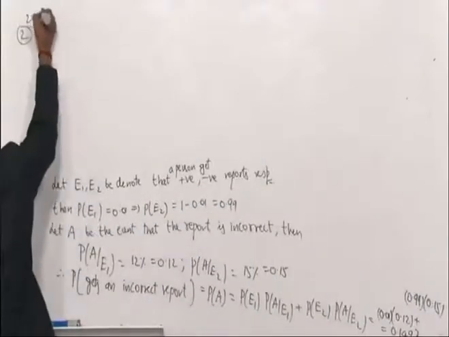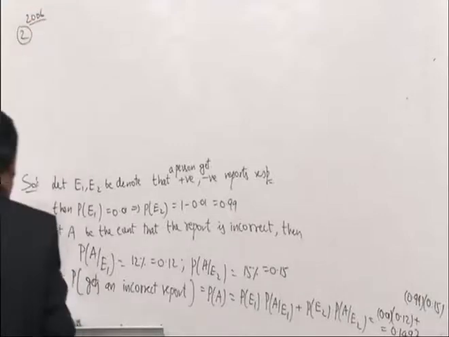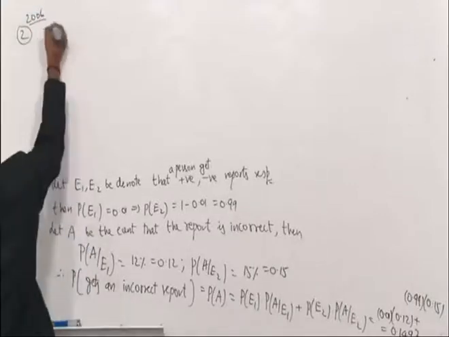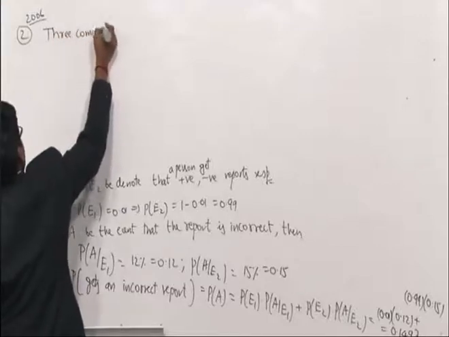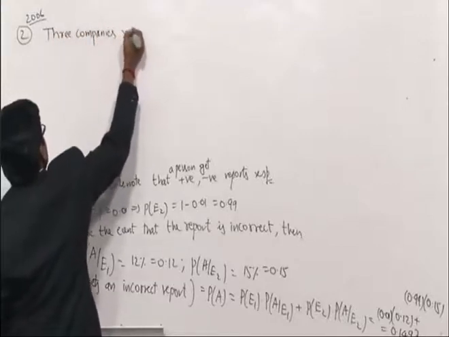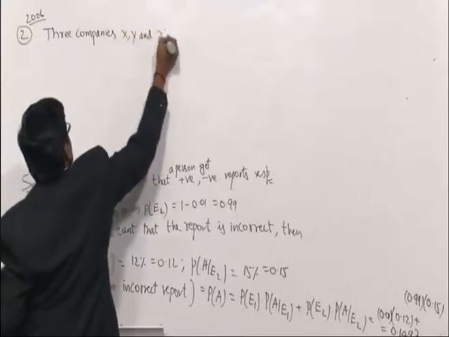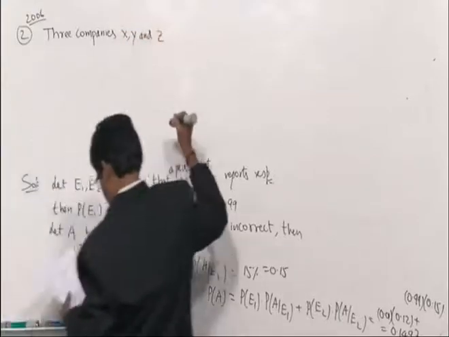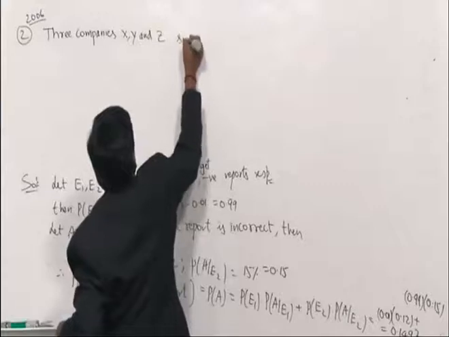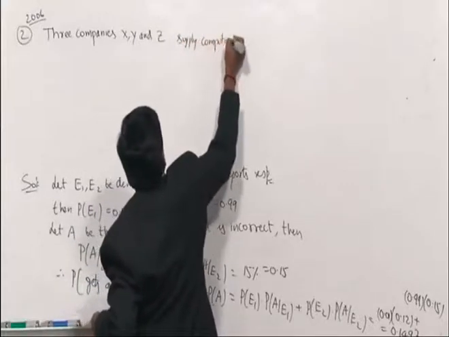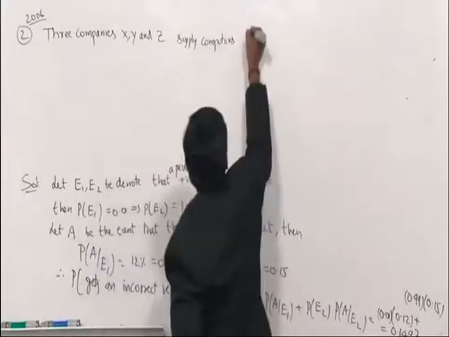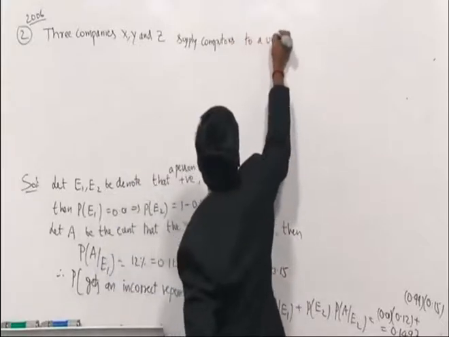This is 2006. Later you do. I will explain along with the answer. 3 companies X, Y and Z supply computers to a university.